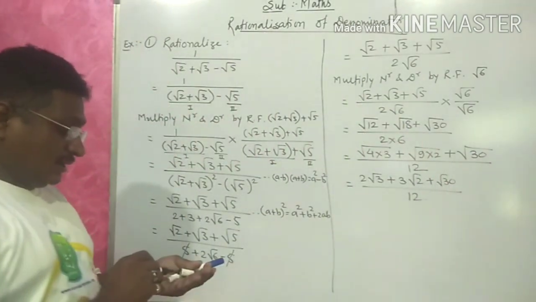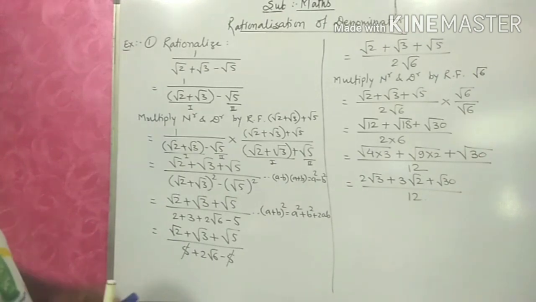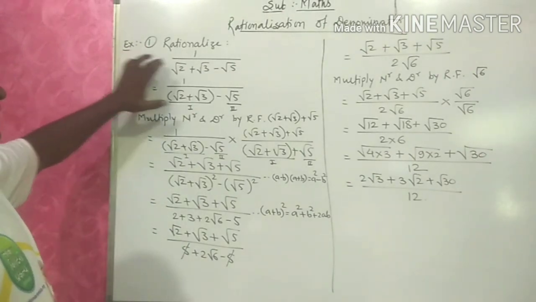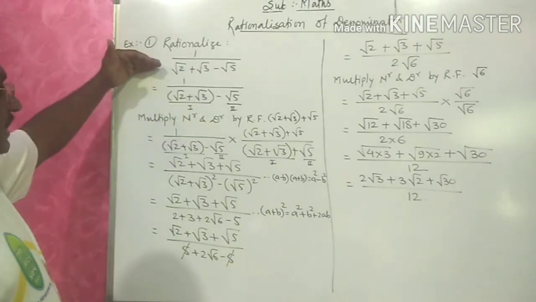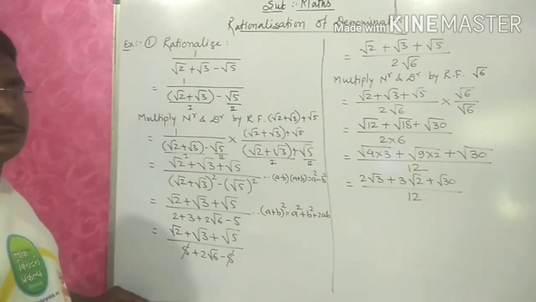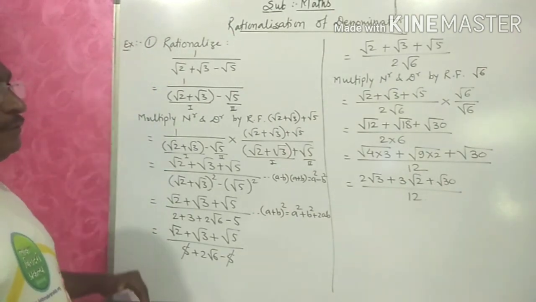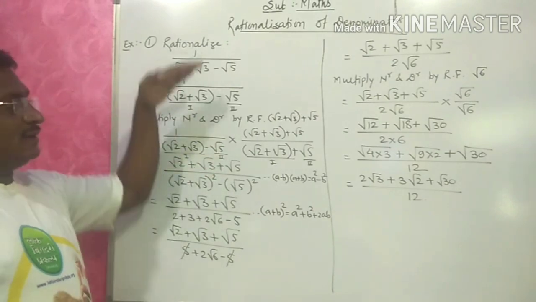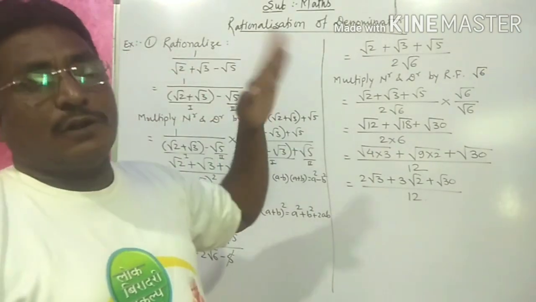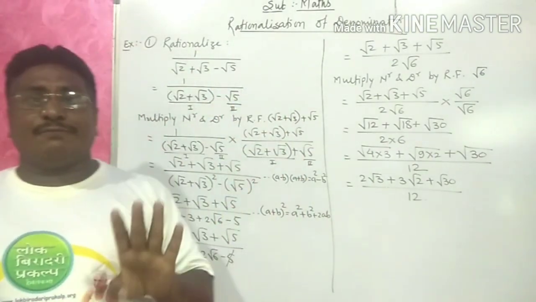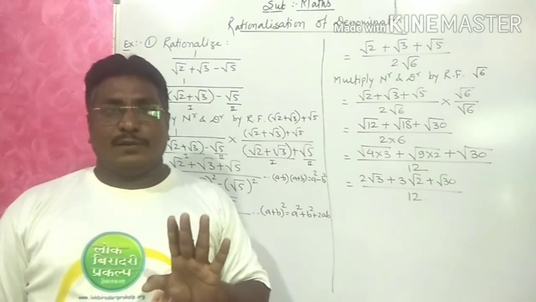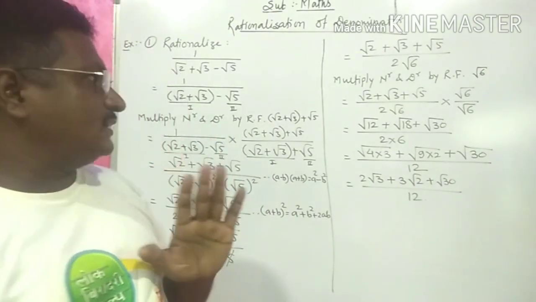So this is the answer. So hope you understand, student, how to rationalize the trinomial. These are very important questions from the exam point of view. Such types of examples will be asked in the exam for 3 marks and for 4 marks. So hope you understand these things.